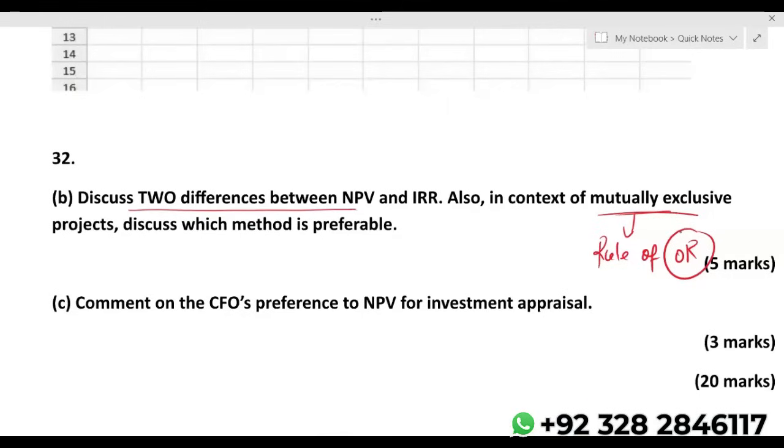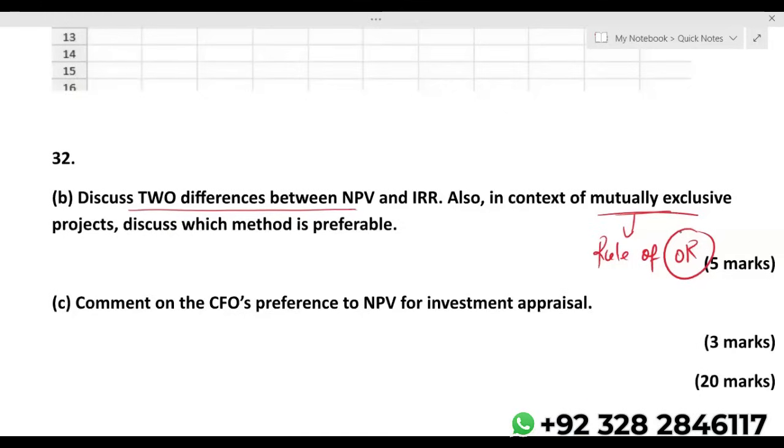Now listen to me carefully. It is not necessary that the project which has a higher IRR will have a higher NPV. Not necessary at all. It is possible, but I'm saying there's no such concept. In fact, there's a possibility that a project which has a higher IRR might have a lower NPV.